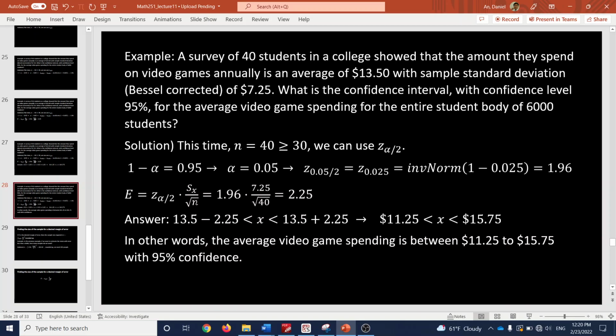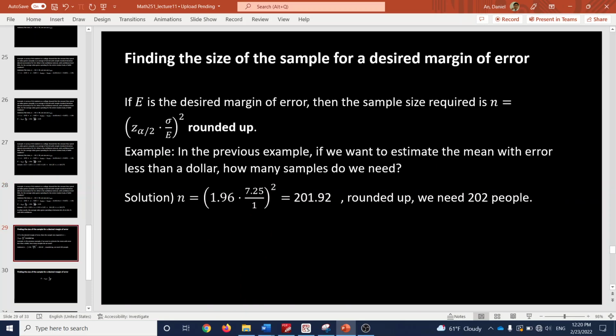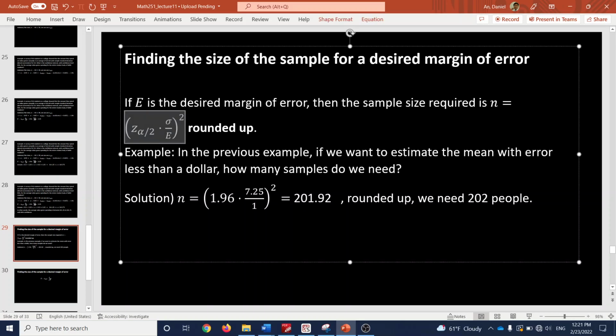So now the question is reversed. In the previous example, if we want to estimate the mean with error less than $1, how many samples do we need? The formula is this: the size required to have a certain margin of error, where this e down here is the margin of error. You just plug everything into this formula, and that's the answer.